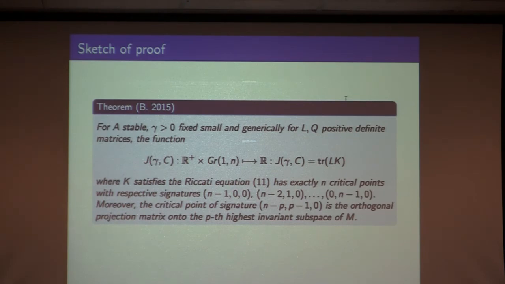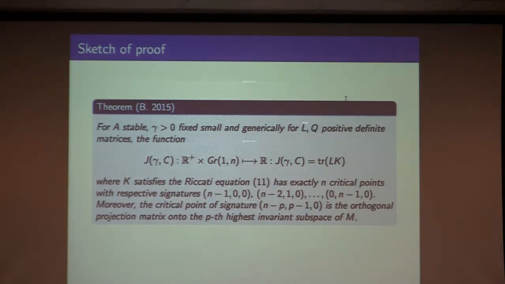Now, here is the result that tells us we are going to converge with probability 1. There are some assumptions on the system. I'm going to require that the system be stable and that gamma, the signal to noise ratio, is not too big, so gamma small.